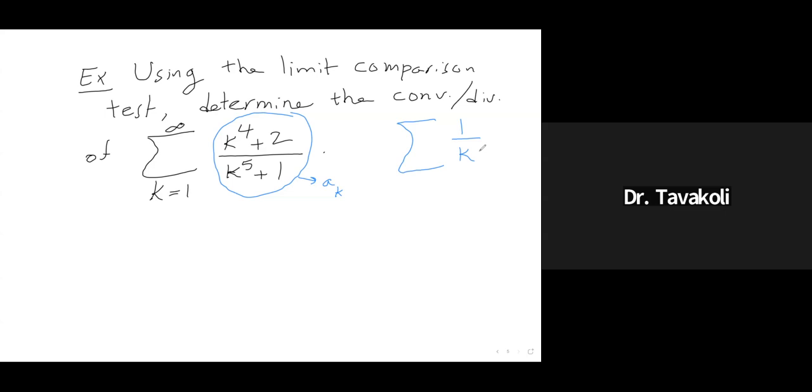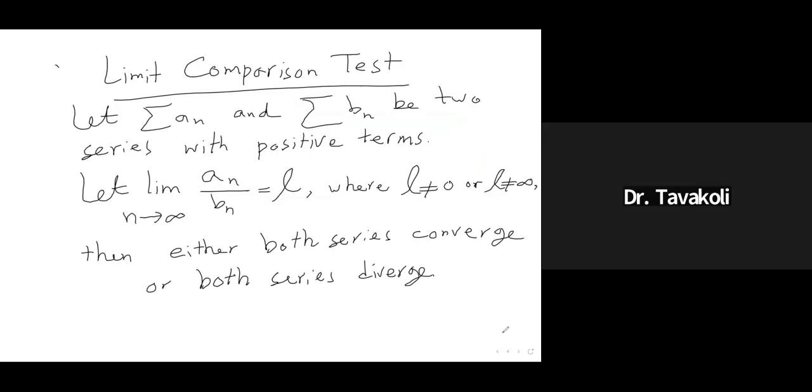The bottom has a degree 1 unit more than the top. And this is in fact our b_k. Again, in the statement of the comparison test, I used n, but it could be any other letter. In this example, it's k.